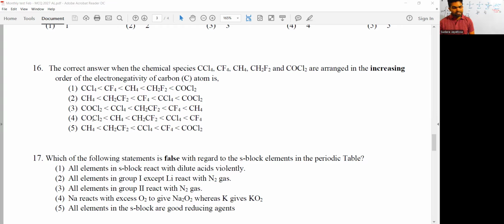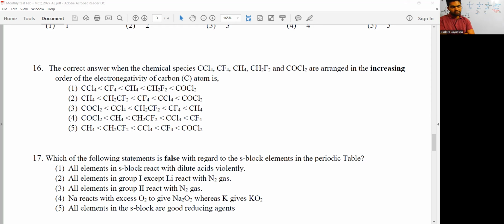Look at the other 3 statements. They are correct. Anyway, we'll discuss a bit. The third one says all elements in group 2 react with N2. Yes. Beryllium to barium, they all react with N2 to form metal nitride.